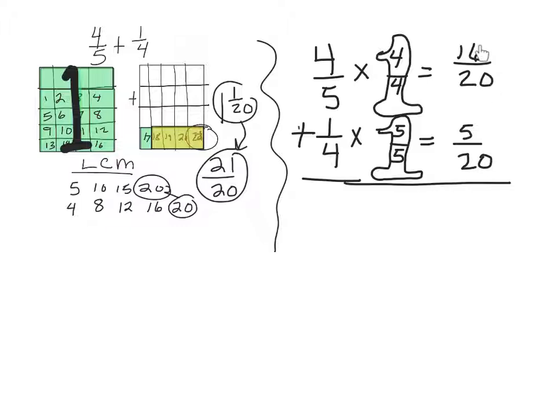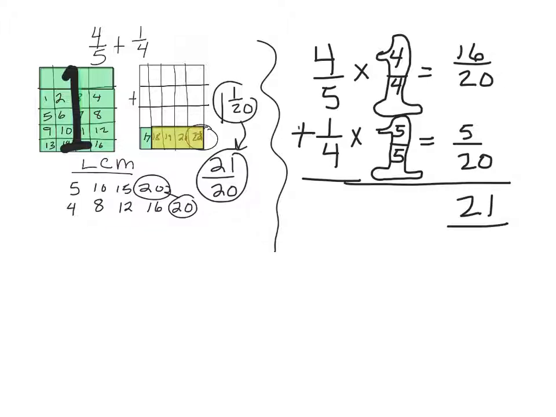And if you notice, for this one I had 16/20, which is what I had here originally, forget about this top box that I moved from here. I've got 16 here, and that's represented right there. And then here I had 5 before I took these 4 away, and that's represented right there. That's kind of cool, huh? So anyway, here we go, I'm going to take 16 plus 5, and that's going to give me 21.